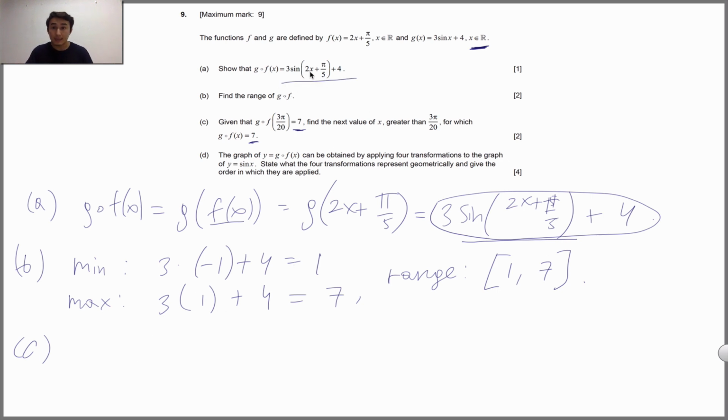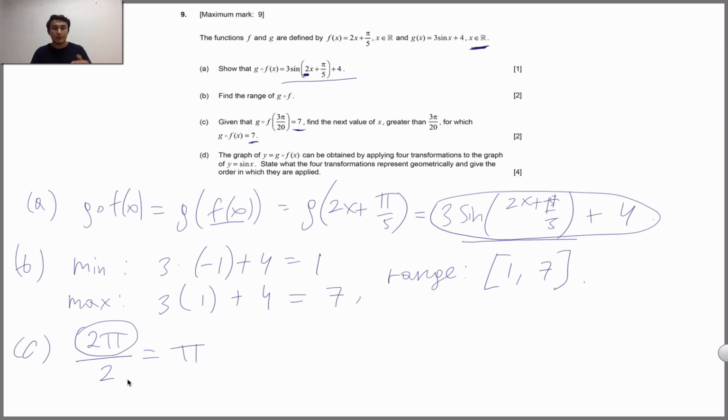Now, guys, watch this. So there is 2 here in front of x. That means the period will be 2 pi over 2, which is equal to pi. The reason is originally the sine function has a period of 2 pi. And since we have 2 here in front of x, the period will become 2 pi over 2.